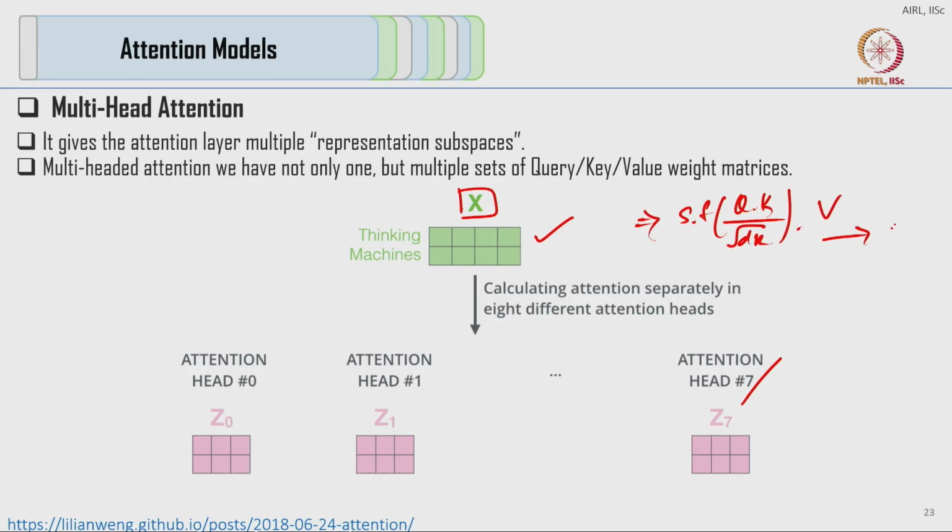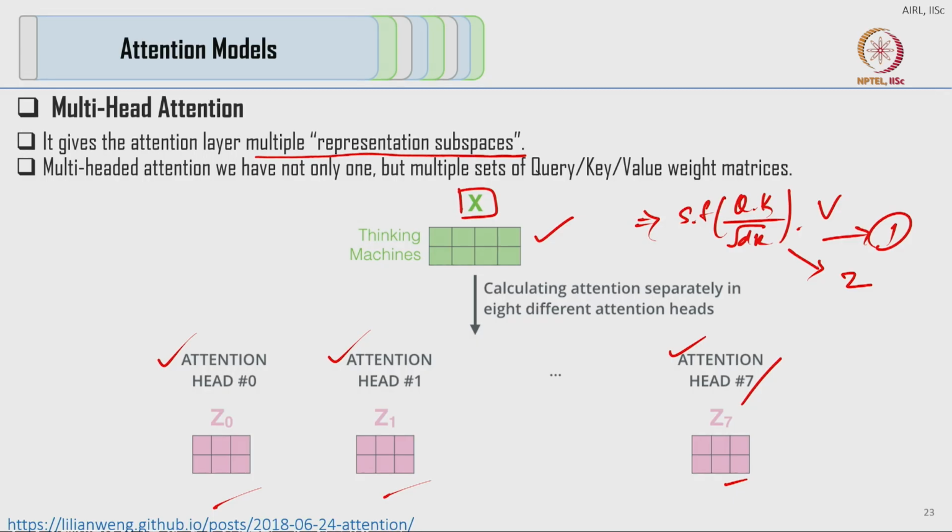This is for one. Now for each of these heads we would generate this output z from z0 to z7, right.